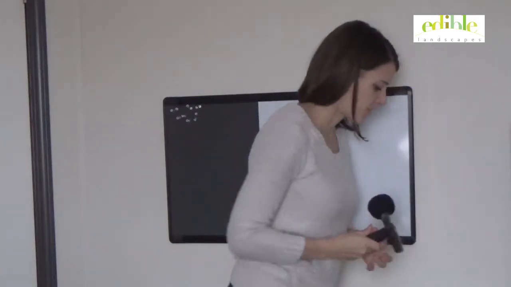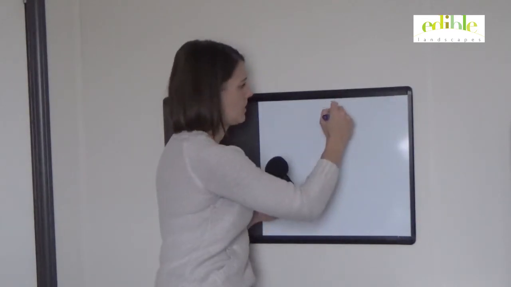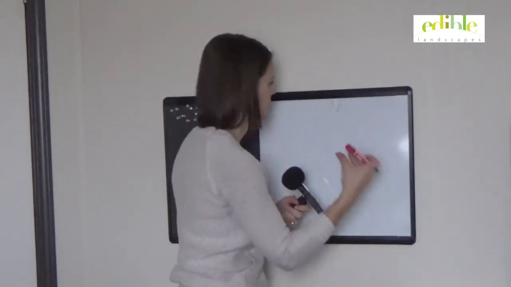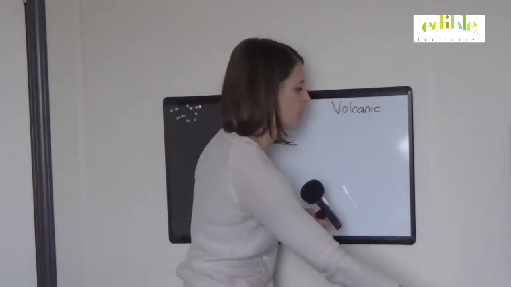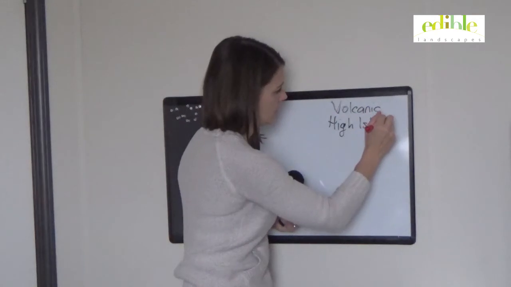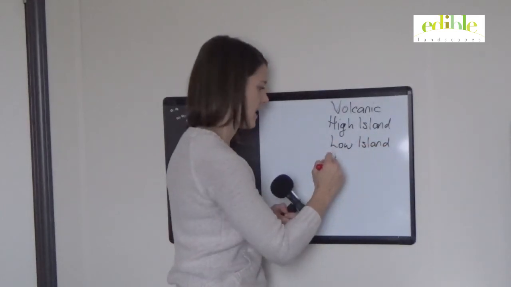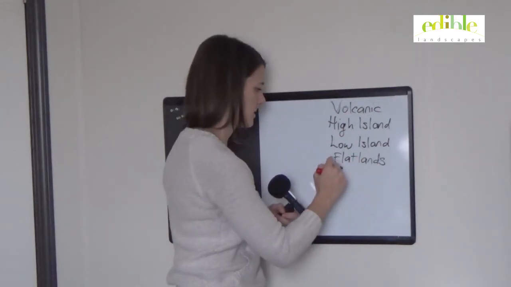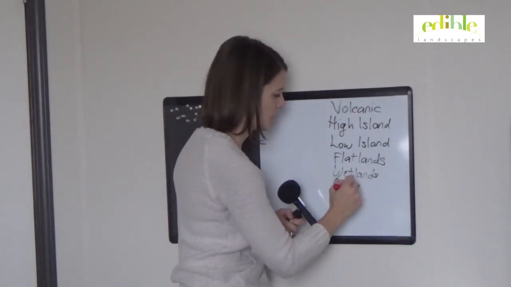So the two major landscape profiles we have are the humid and the arid, and the minor landscape profiles that we have are the volcanic, the high island, low island, flatlands, wetlands, coasts, and estuaries.